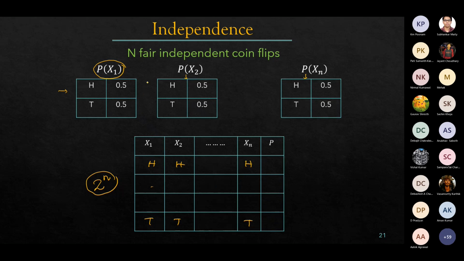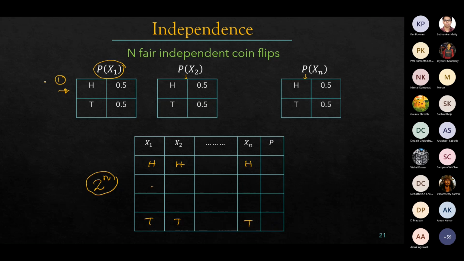But you see, if we assume that every trial is independent of each other, then we just need to specify the probability of head or the probability of tail. So for every trial, how many assignments do I have to make?